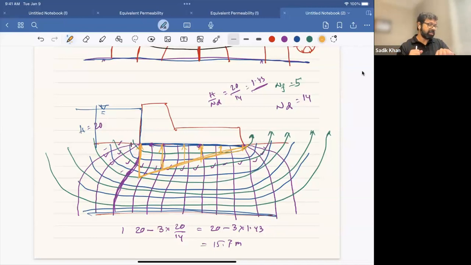So if the water is pushing it upward, then something will have to push it downward, right? So who can push it downward? Its own weight. So basically, we need to make sure that it has all the weight to be stable. Otherwise, it will be unstable.